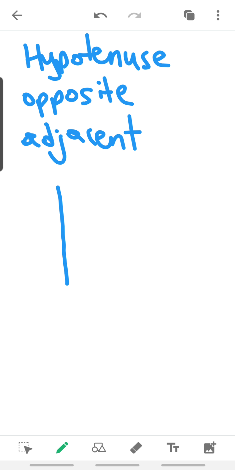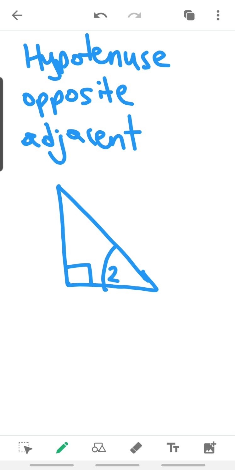So let's look at an example of a right angle triangle, okay? So this is a right angle triangle here, and let's say this is 20 degrees, and we have three sides here.